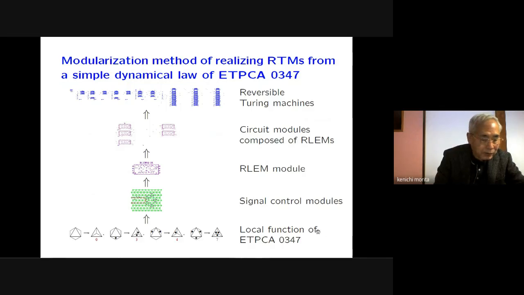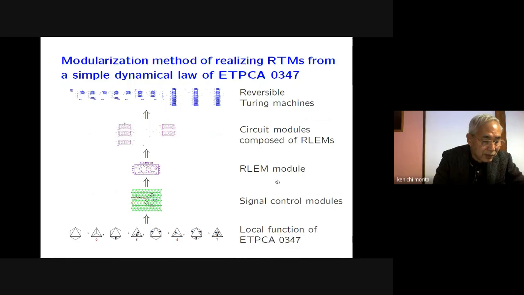In the lowest level, a simple local transition function of ETPCA exists. In the next level, signal control modules are formed by utilizing various phenomena observed in the cellular space.